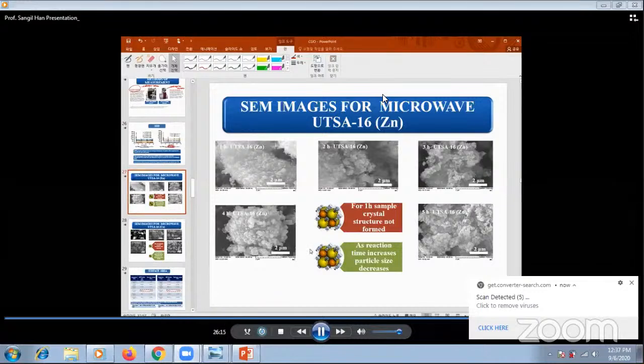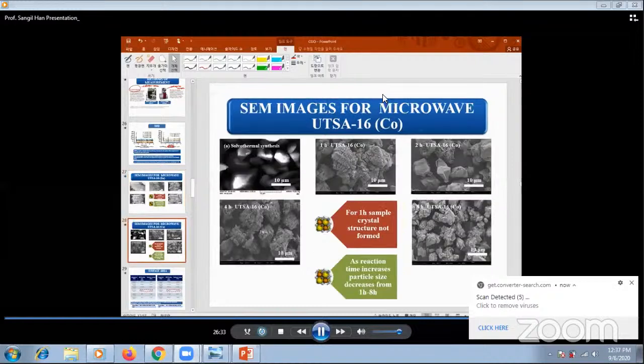Those are SEM images showing the particle sizes of UTH-16 zinc MOF at different times. As the reaction time increased, particle size decreased. For UTH-16 cobalt, similar behavior was observed. As the reaction time increased, 1 hour, 2 hour, 4 hour, 8 hours, the particle size decreased.